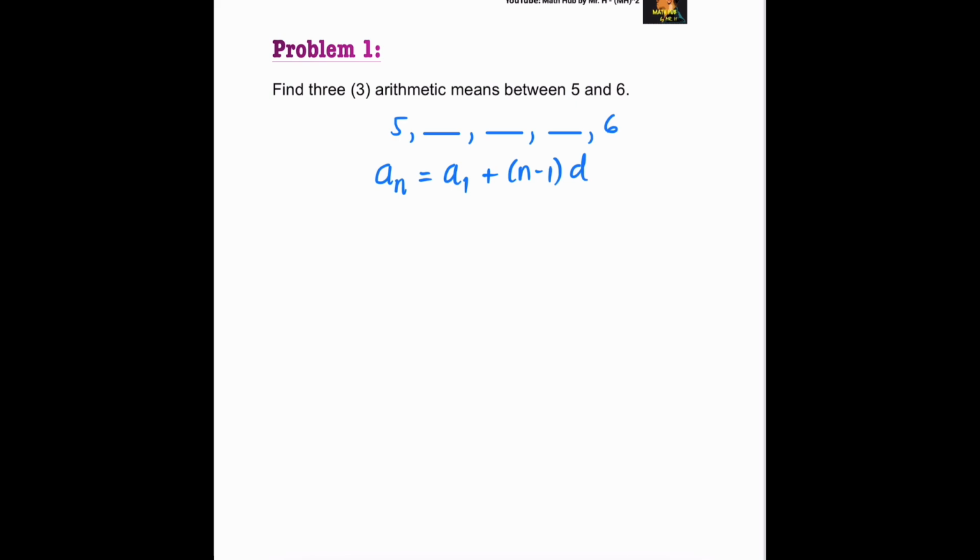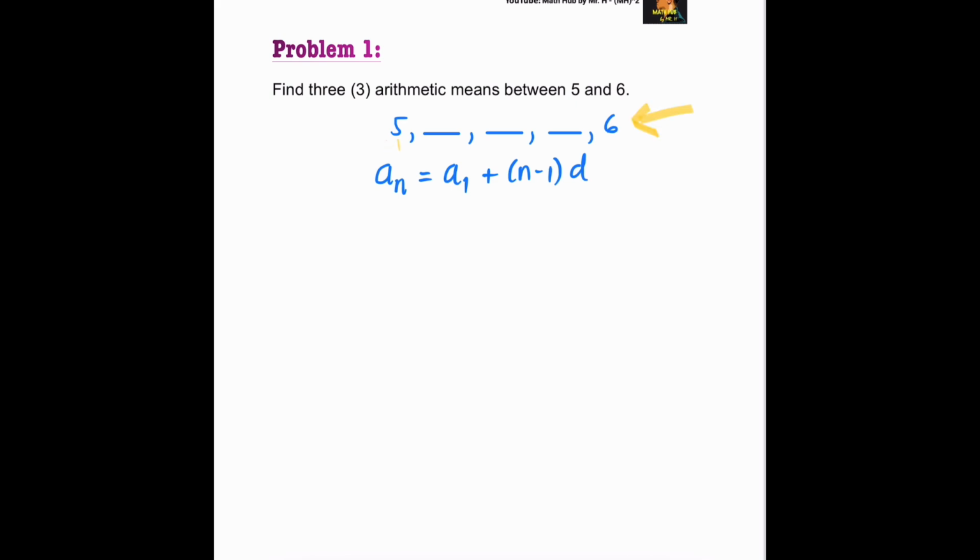And if you can recall, the n here stands for the term position, a sub 1 here is the first term, and d here is the common difference. So what we're going to do with this formula is just plug in the given values to the formula.